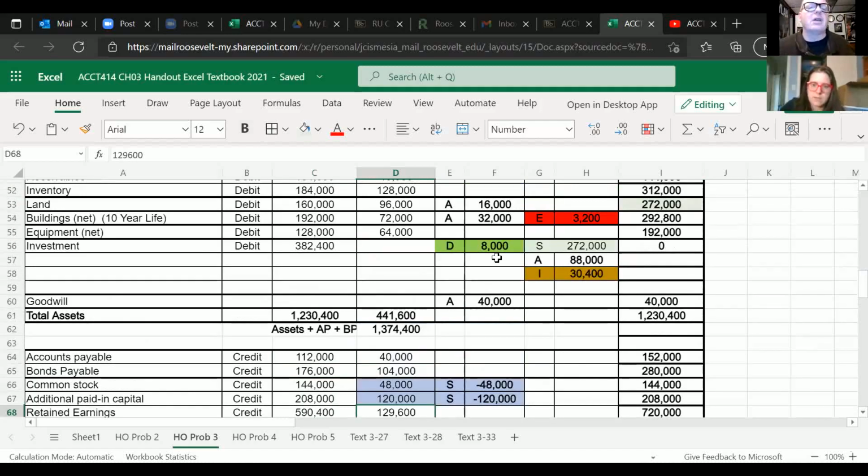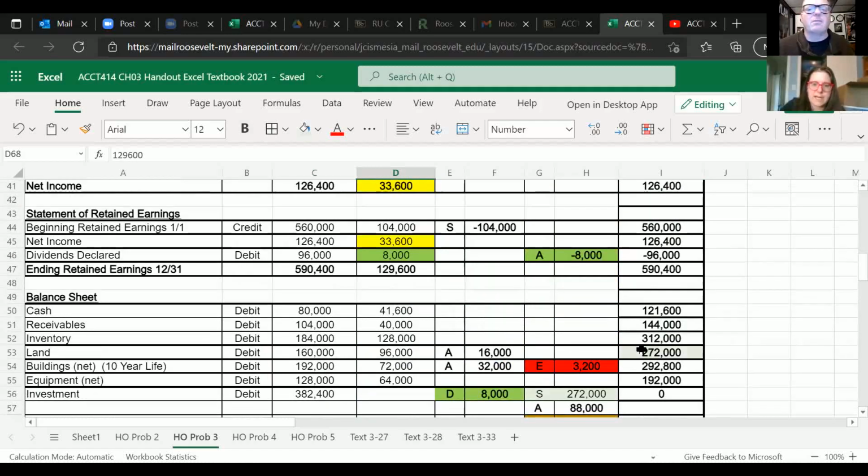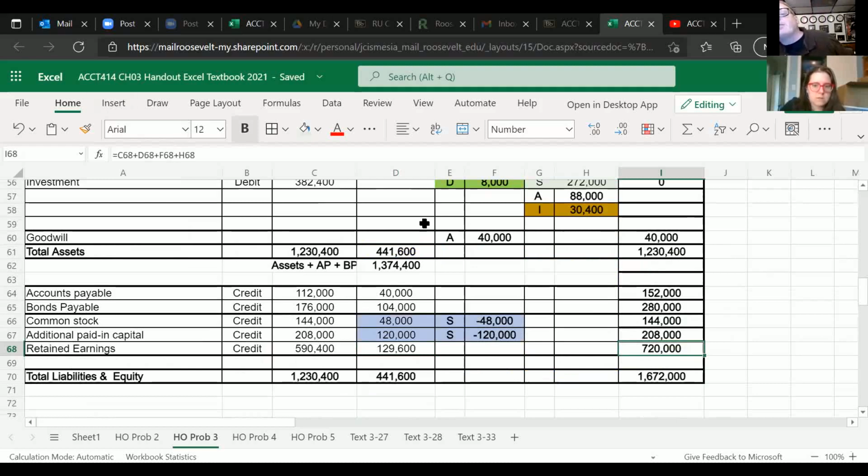I should have taken that out. That's right. No, wait, go back. Put that back in. I didn't do anything yet. The only thing left is the retained earnings of 590,400. So change the 720 for the retained earnings at the bottom here to 590,400.